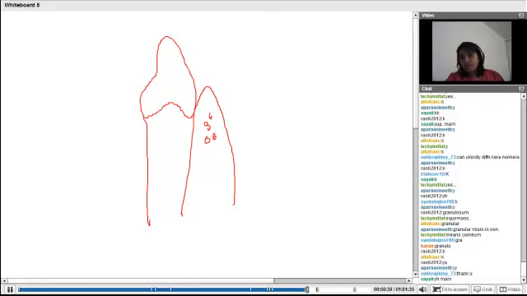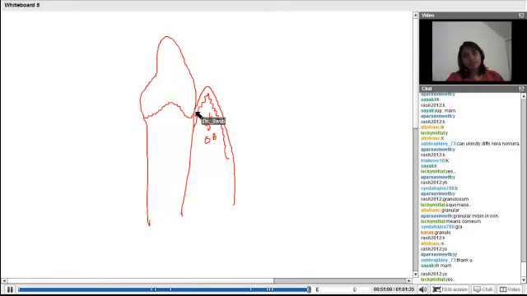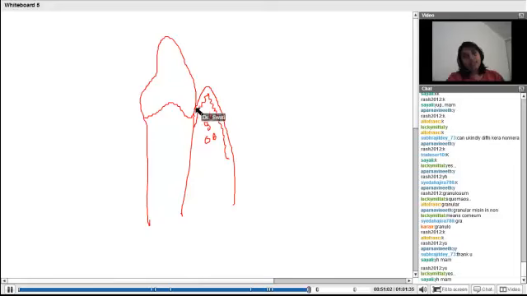This part which is lining the sulcus is your sulcular epithelium, and the part of the epithelium which is on the outer side is your oral epithelium. So this is your oral epithelium. This inner side is your sulcular epithelium, and this which is attached is your junctional epithelium.